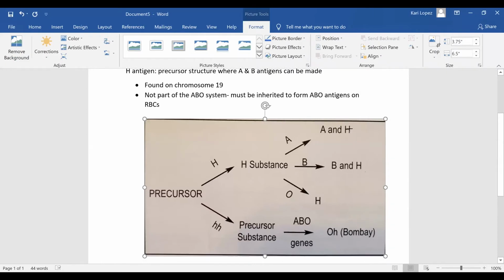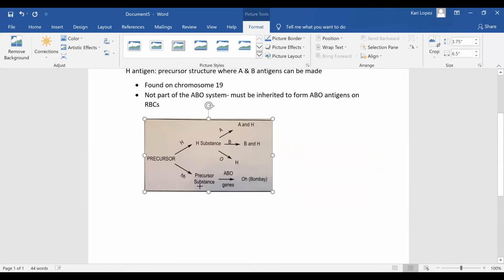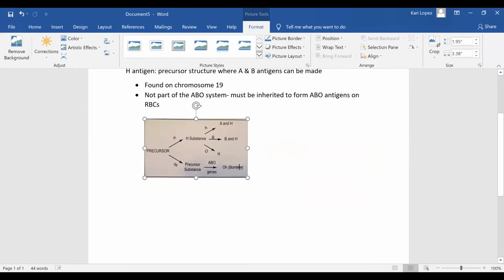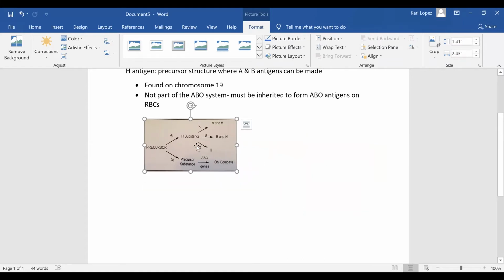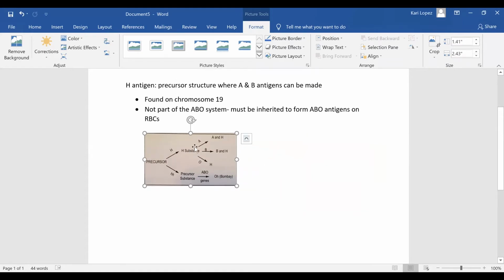So I think this picture will help a little bit. You've got your precursor, which is this H antigen, and if you have the H antigen, then that can go into one of three groups. It can go into a group with A, so you can have A antigen and H antigen. You can have group B for B antigen and H antigen, or you can have group O, which is only having the H antigen.